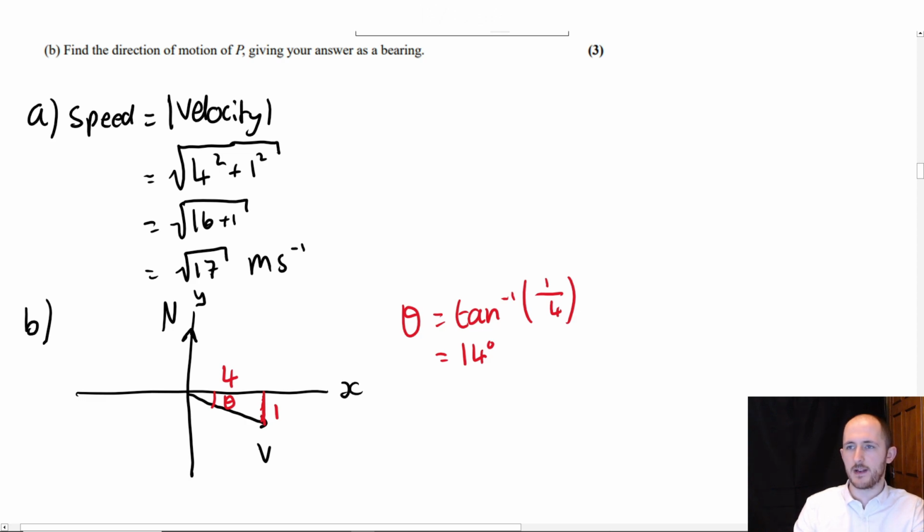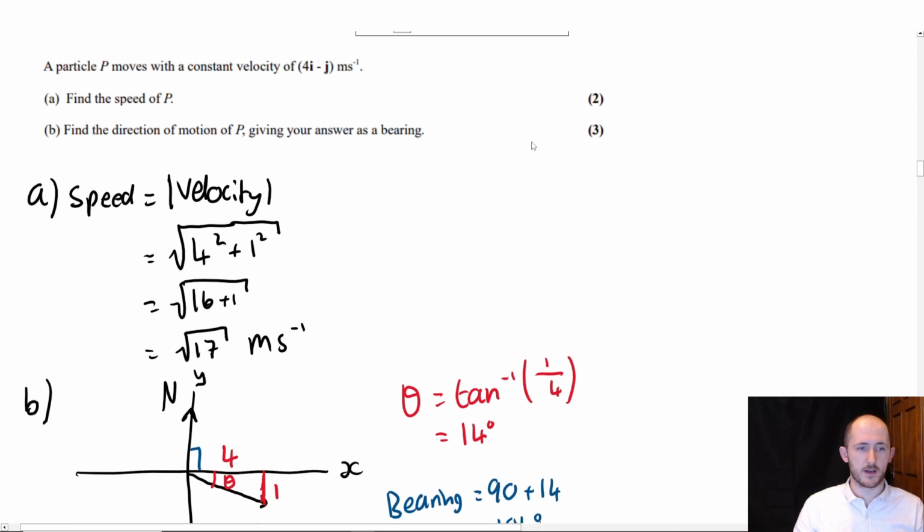Which means the actual bearing now, you have to add on the 90 degrees here. 104 degrees. Okay. Hopefully not too bad so far. I think it's a fairly quick 3 marks that you can get. In fact, this whole question was 5 marks in total, and I think that was pretty fast overall.